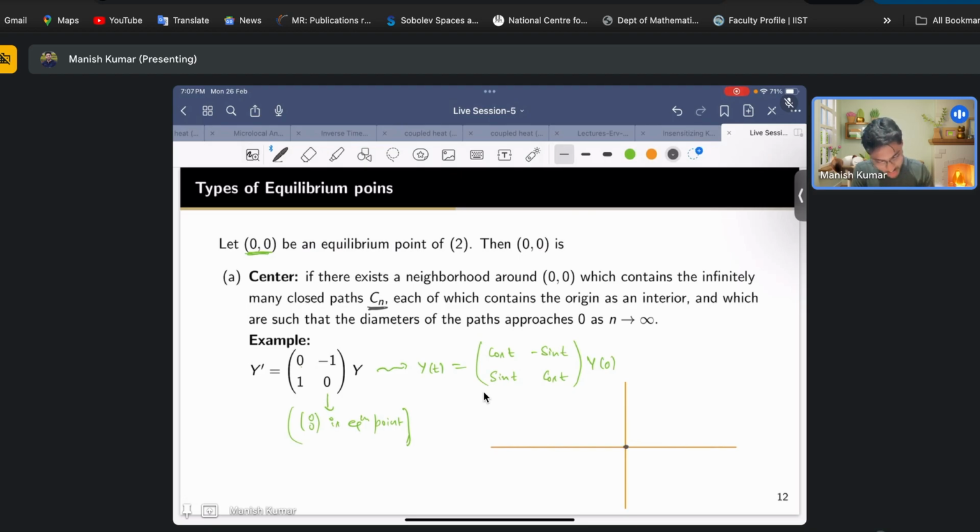Choose one point from here, let's say 1 comma 0. If I substitute it here, then the corresponding y(t) will be cos t and sin t, correct? So the curve would be like this. It will be a circle.